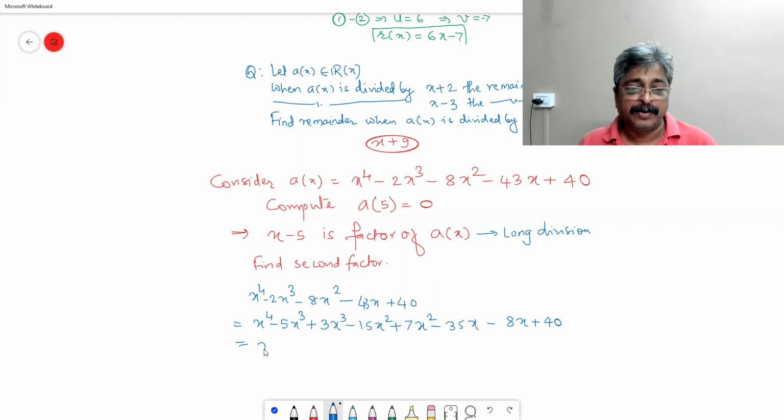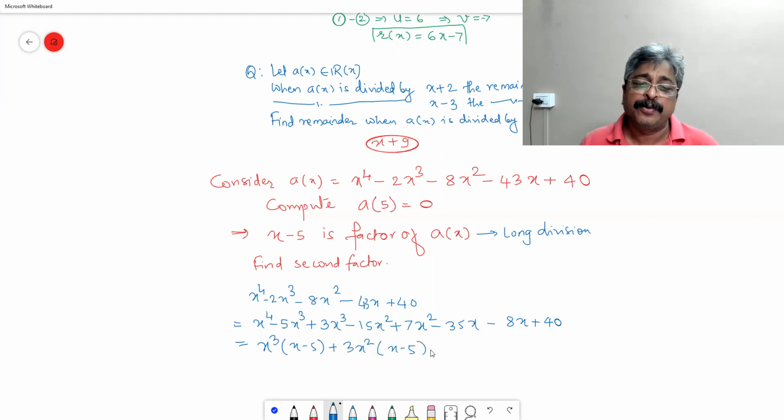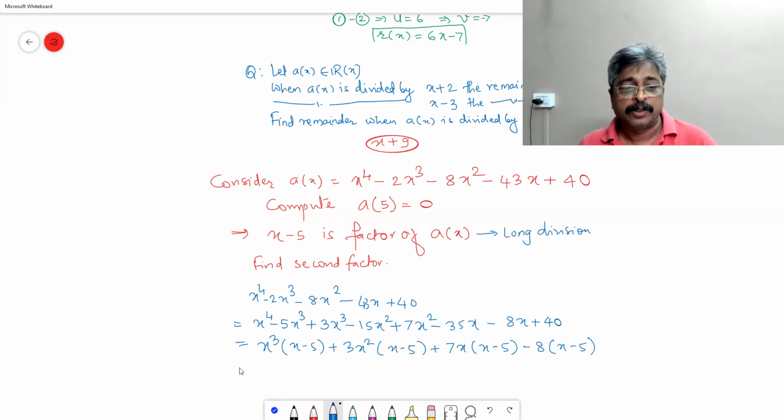This is equal to x cube times x minus 5 plus 3x square times x minus 5 plus 7x times x minus 5 minus 8 times x minus 5, which is equal to x minus 5 times x cube plus 3x square plus 7x minus 8.